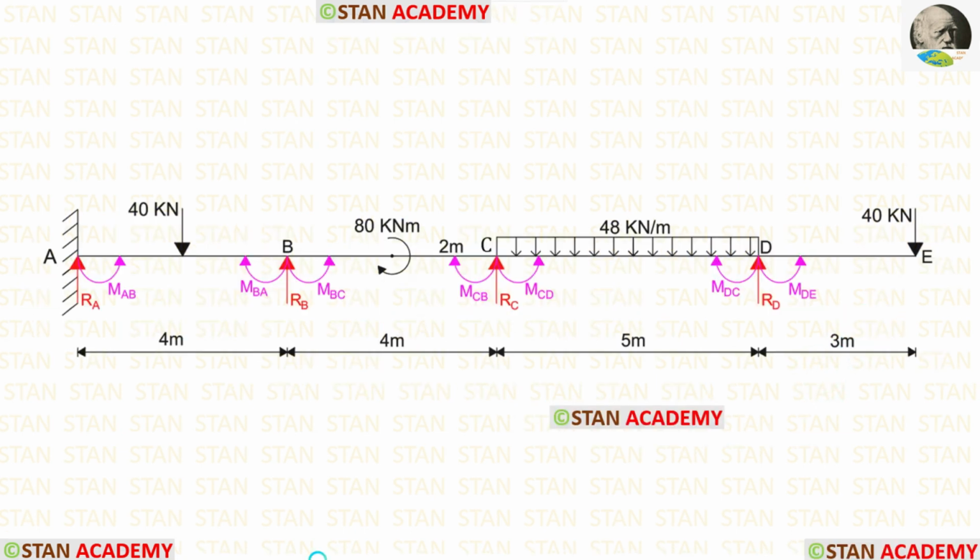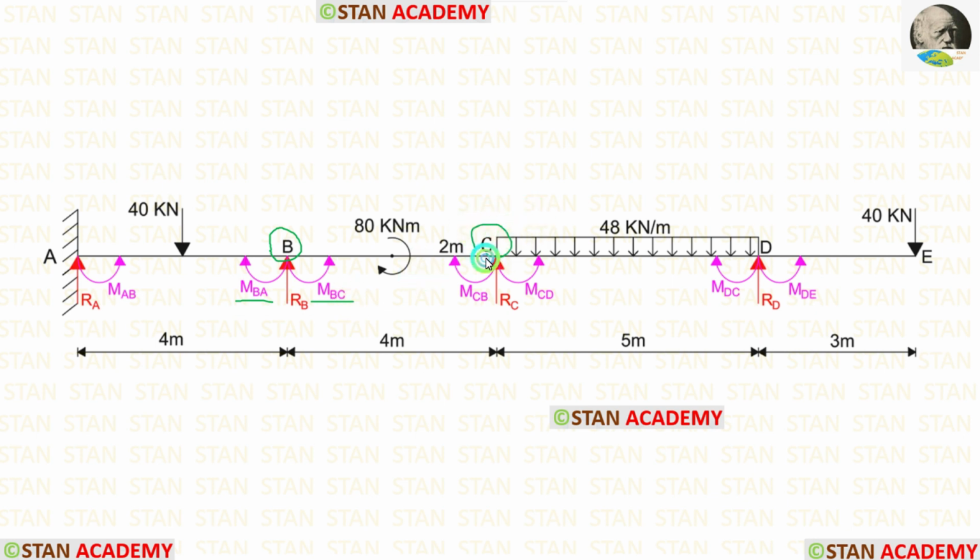In this beam, there are 7 moments we have to find. In the point A, there is a fixed support. In the fixed support, there will be a moment. Here, the moment is MAB. In the joints, there will be 2 moments. In the joint B, there are 2 moments, MBA and MBC.